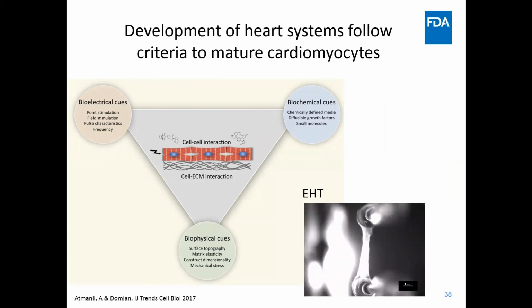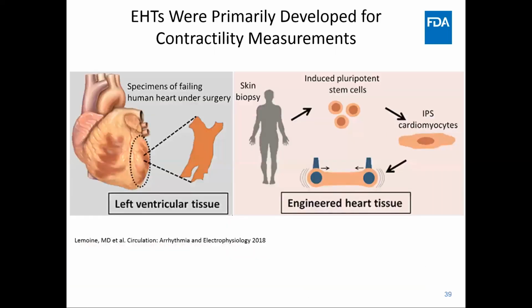There's many other systems that have been developed with similar capabilities or even with improved capabilities. Engineered heart tissue is the most published one, and it's the reason why we started working with it. And it was initially developed only with the purpose of measuring mechanical output, the contractility of iPS cardiomyocytes, because single cells, when they're beating, it's not really possible to measure forces.